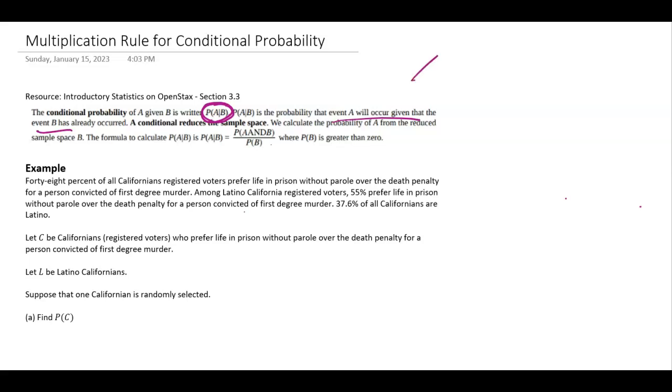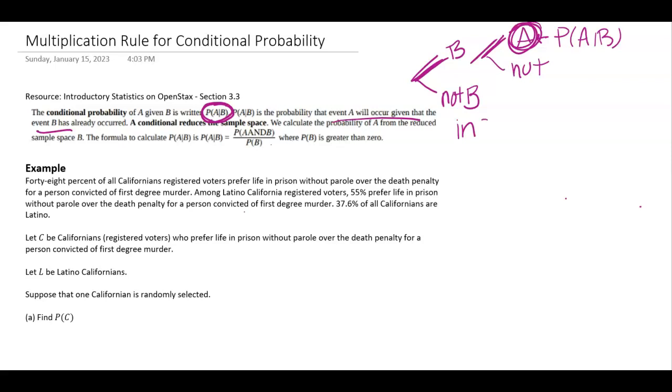One way to think about this is if you have B and then not B, and then A and then not A, the probability of A given B is this piece right here, because B has already happened.